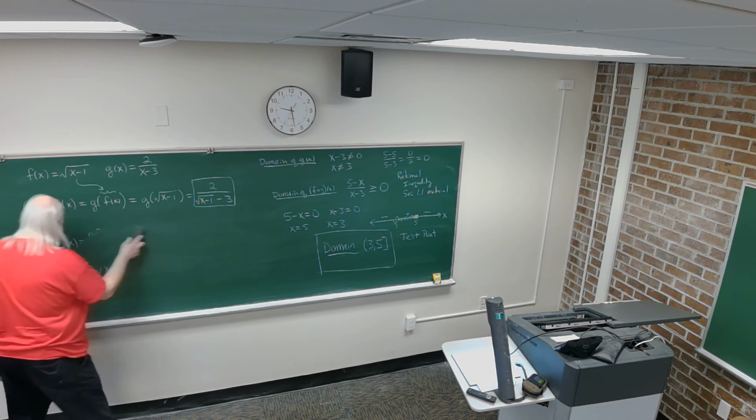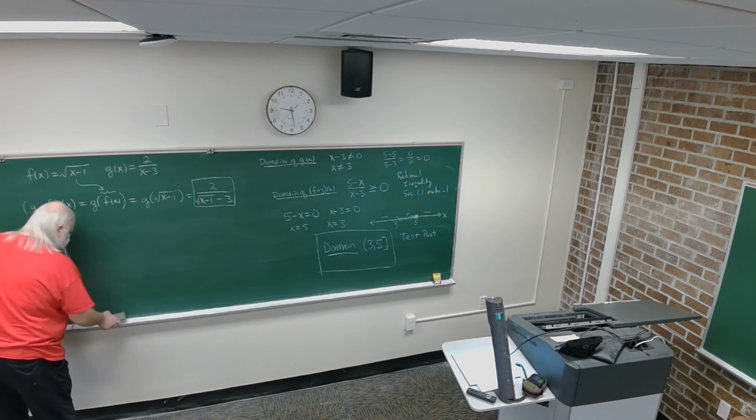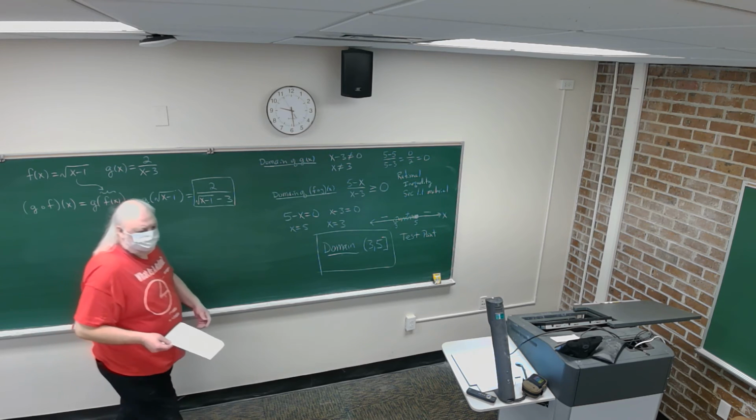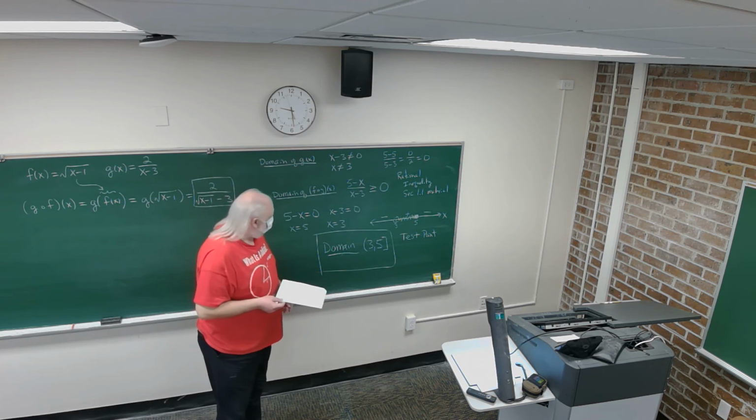Section 1.1. And actually you got problems like this on the exam review, don't you? If you read the exam review, you know, 2.1 was finding the domain of functions, right?